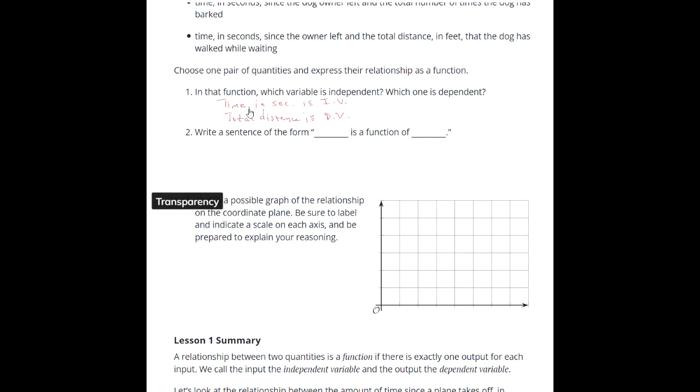Okay, so now we're going to write a sentence. The total distance the dog has walked is a function of the time in seconds since the owner left.